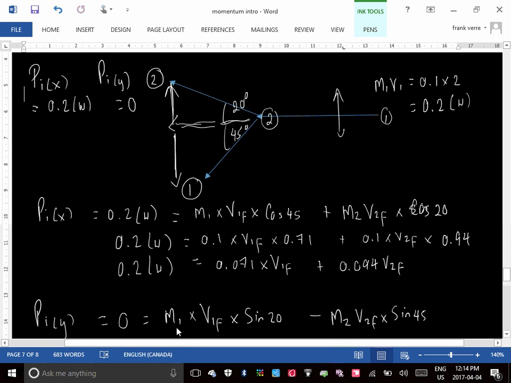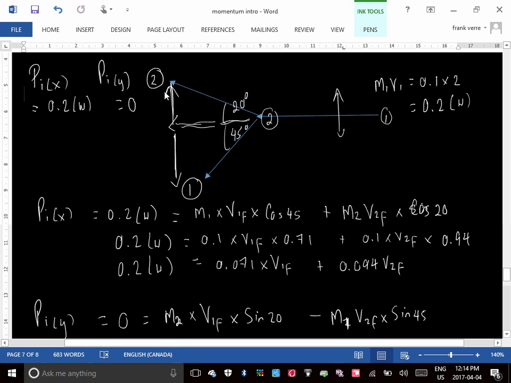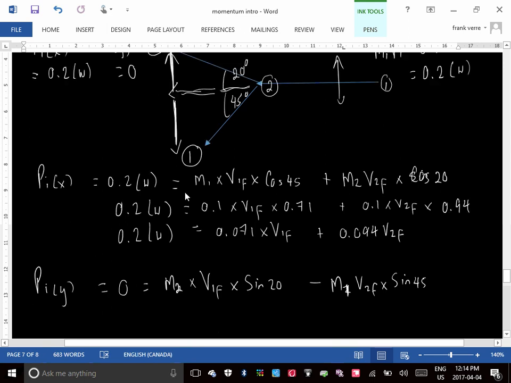Oh, sorry, it's the other way around. It's m2 minus m1. You're right. Yeah, this is m2. That's m1. Yeah, because this is ball 2. Ball 2 is going up in north direction. Ball 1 is going down in the south direction. So it's actually supposed to be m2 minus m1. So it's m2, so it's this component minus this component. Good catch, Alvin. Yeah, let's change everything then.